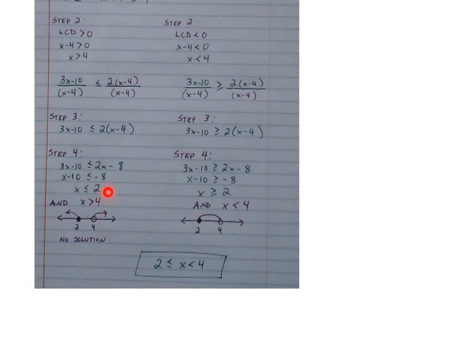We add in our case where the denominator was positive, and we see that if we were to graph these two lines, there's no spot where both of those are true. So we get no solution if the denominator is positive, whereas in case number 2, we get a spot here where it is true, where both conditions are true. So that's where we get the solution.